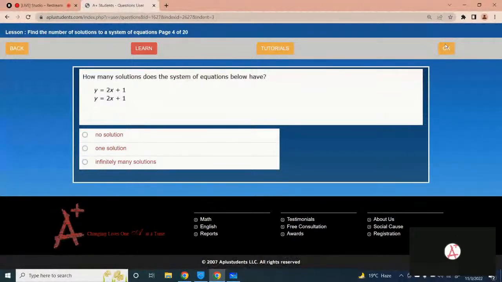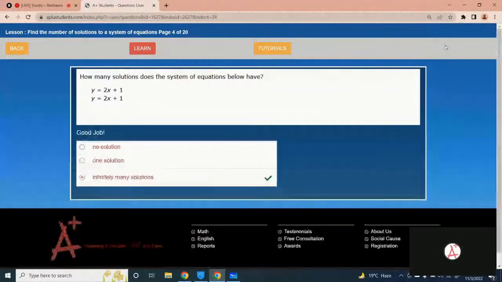The system has the same value of m and the same b, so the system has infinitely many solutions. When the system has the same b and the same m, it has infinitely many solutions. Got it?